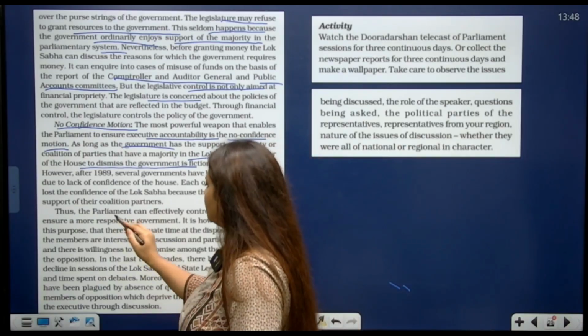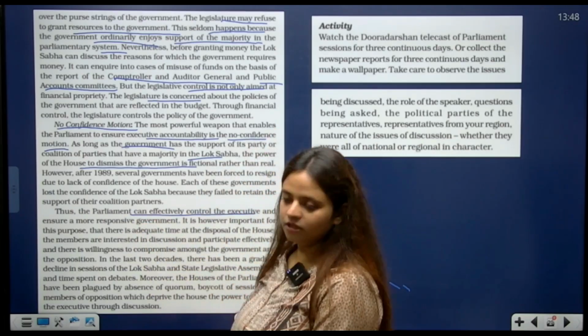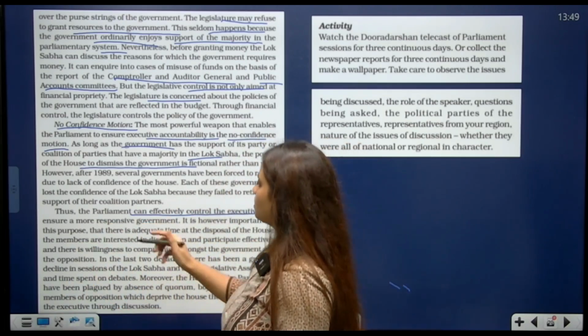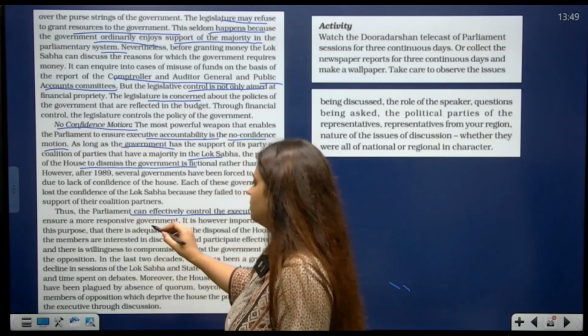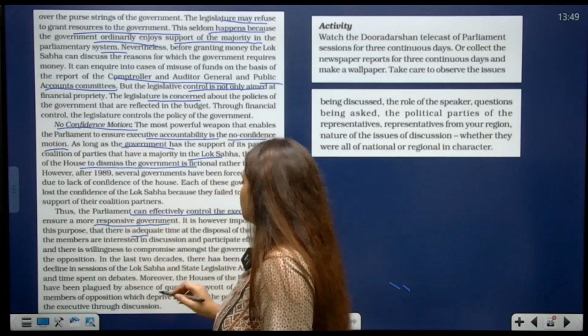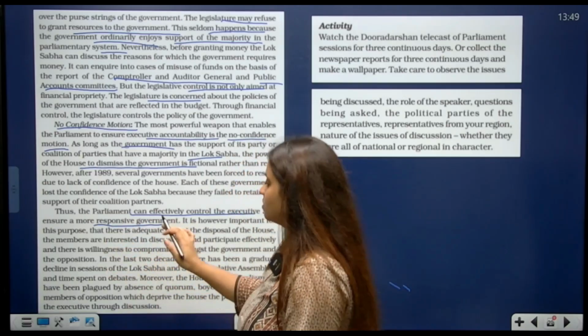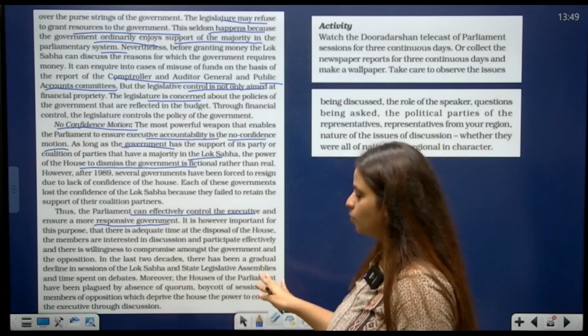Now the parliament can effectively control the executive, because we have seen all the instruments that the parliamentarians have to control the executive. So parliament can effectively control the executive and ensure a more responsive government. It will ensure that the government is responsible and responsive by having these controls over the government.